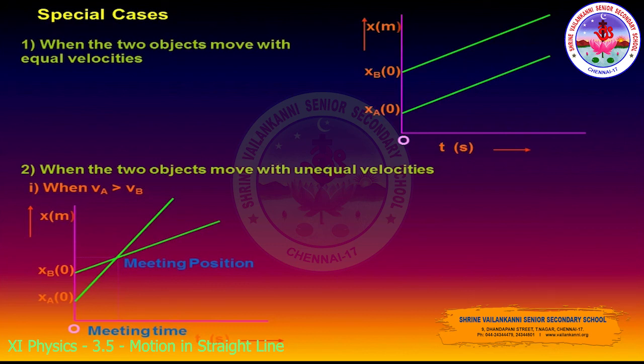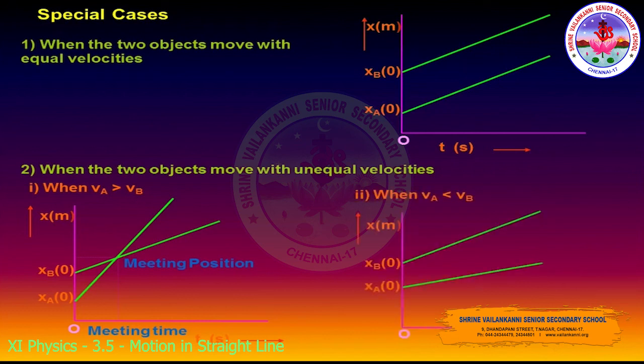The relative separation first decreases, then the two objects meet at one point, where XA of t is equal to XB of t. After that the separation becomes negative, so object 1 overtakes object 2, and the relative separation between them begins to increase again.